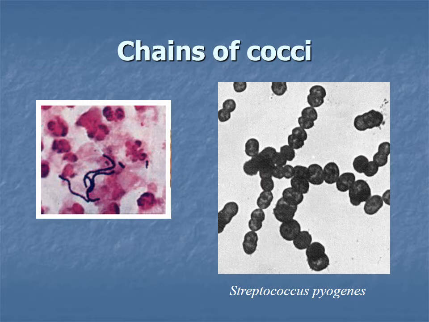And on this slide you can see Streptococcus, bacteria situated like a chain. The right photo is electron microscopy, the left photo is gram staining under light immersion microscopy.